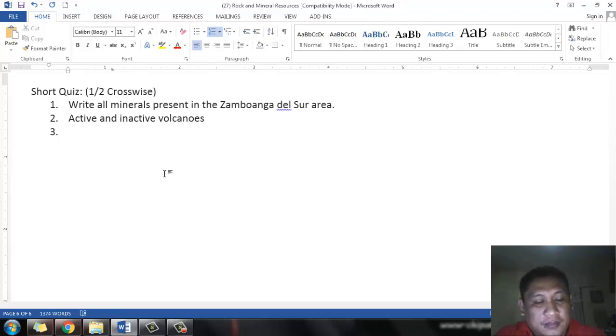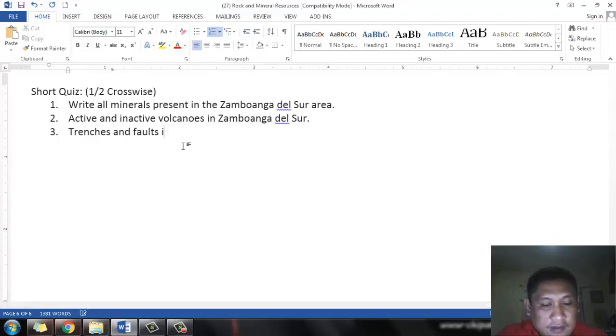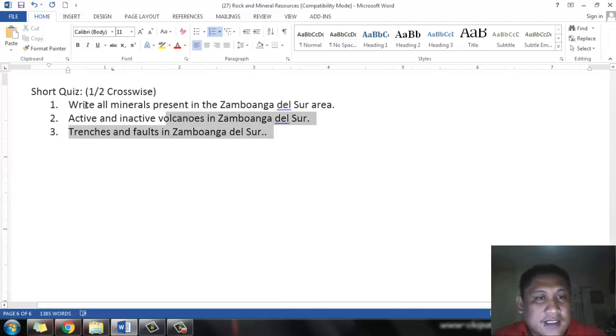Then put also the trenches and faults in Zamboanga del Sur only. Just have this, write this down in a one half crosswise.